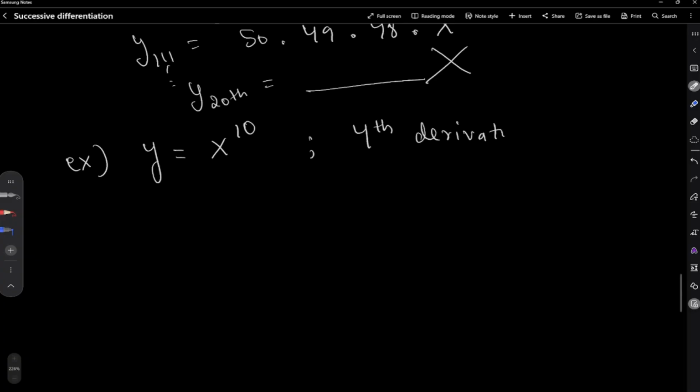Now, I can calculate the 4th derivative manually. The first derivative is 10 times x raised to the power 9.